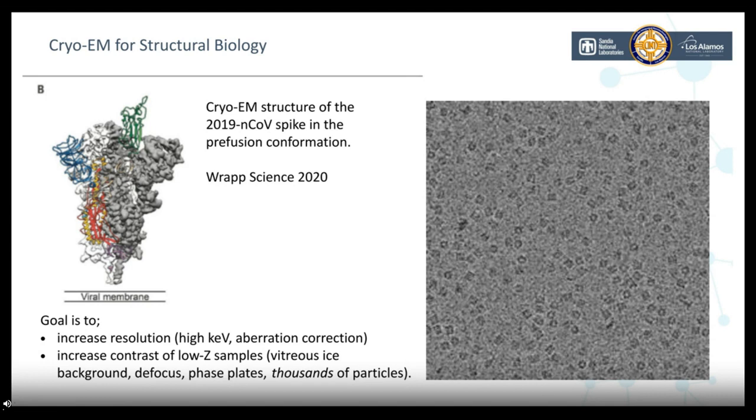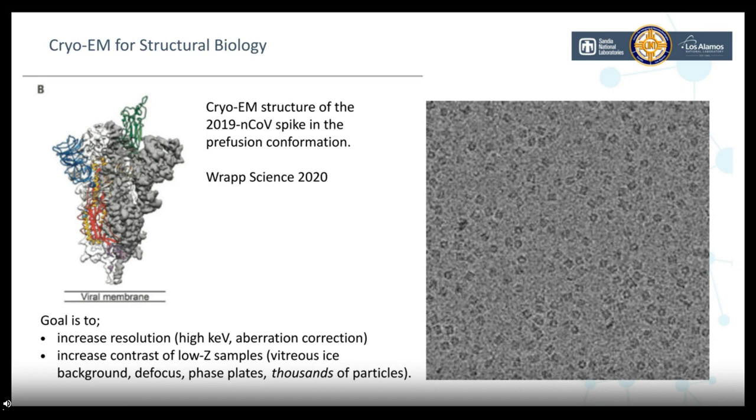So on the right there, you can see a typical single image of a protein sample in cryo-EM. Each individual structure is fairly difficult to see with low contrast, but you reconstruct thousands of those images together, and all of a sudden you get your structure.